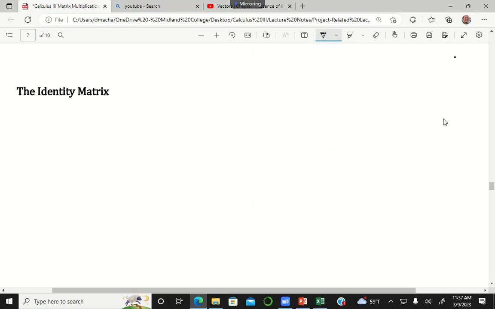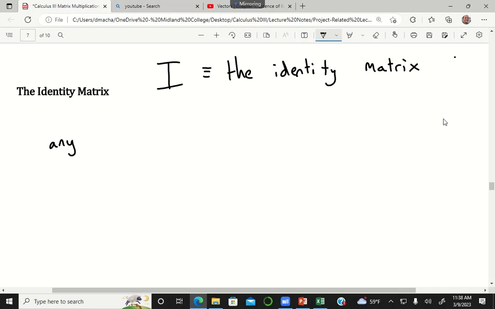The identity matrix, we're going to use a capital I to represent the identity matrix. The identity matrix is a special matrix where for any vector v, I times v is equal to v, right?